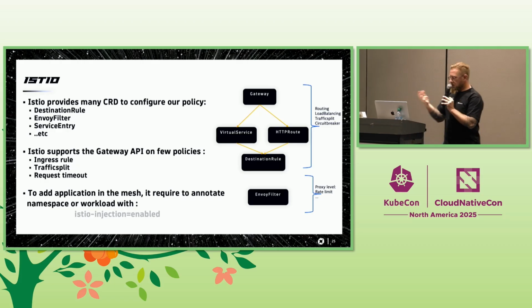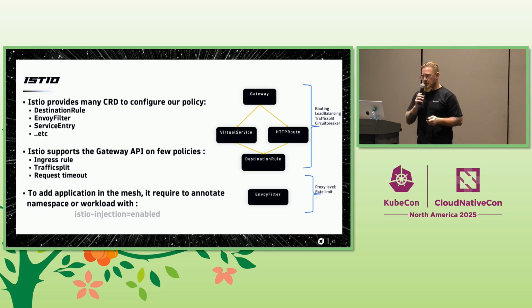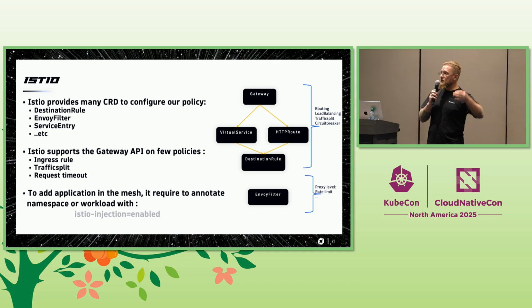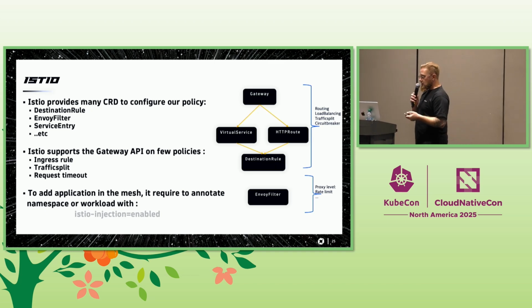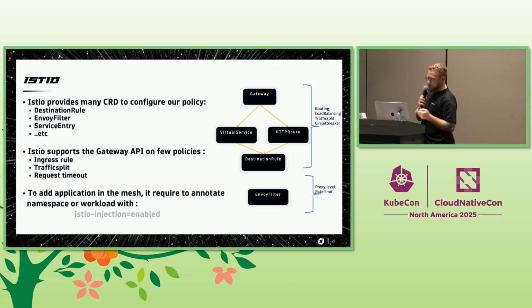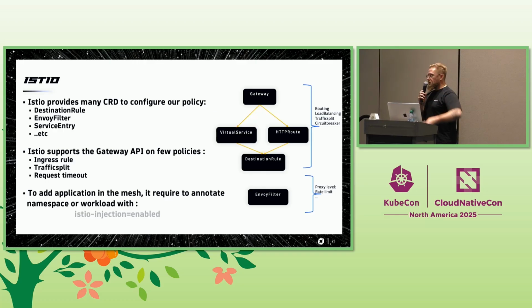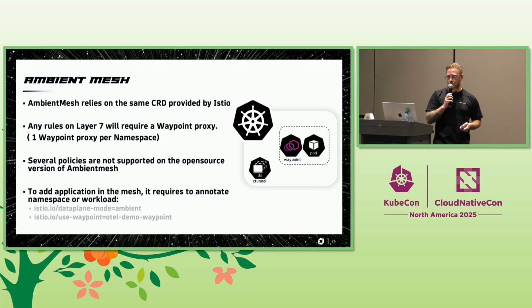So again, another set of CRDs required. And then similar to the other solutions, if you want to add your app into the mesh, you simply need to add annotations to inject the new proxies. But again, keep in mind it's going to be a sidecar, so you'll have to restart all your apps. So then the sidecar will be injected into the workload.